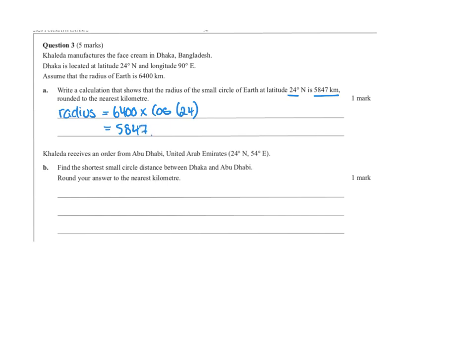Okay, so we got that, and then it says find the shortest distance between Dhaka and Abu Dhabi. Here they've given you the new place, and if you look at our first one, Dhaka, it was 24 north and 90 degrees east.